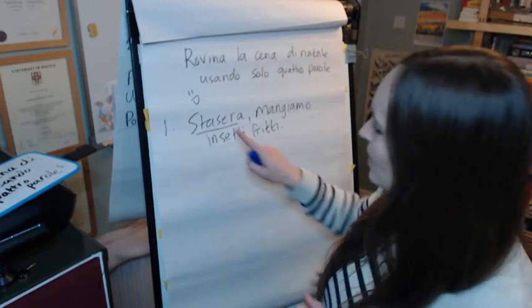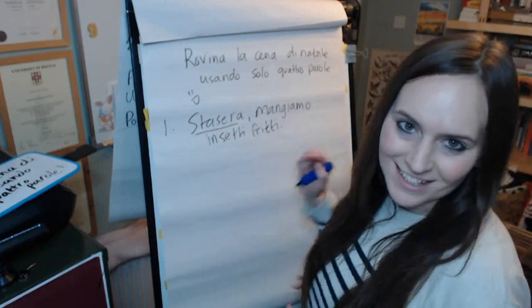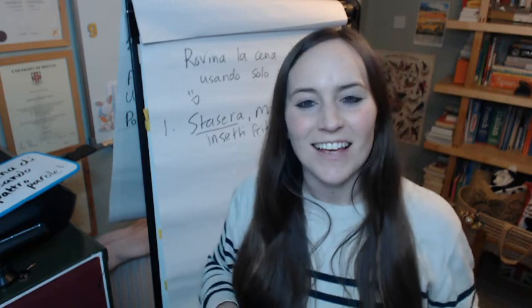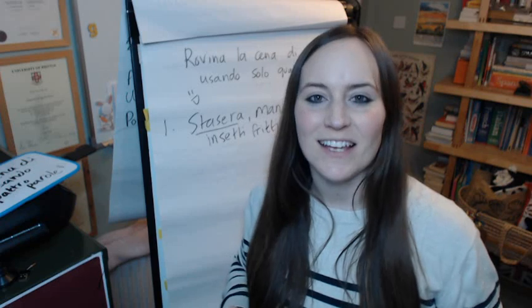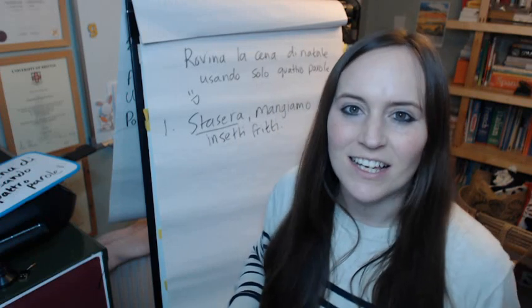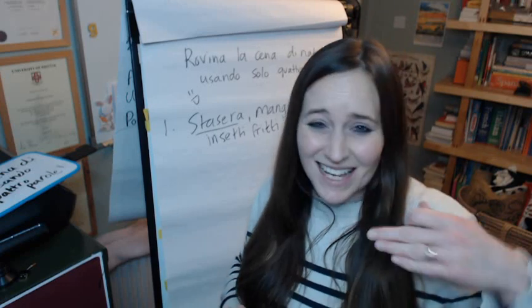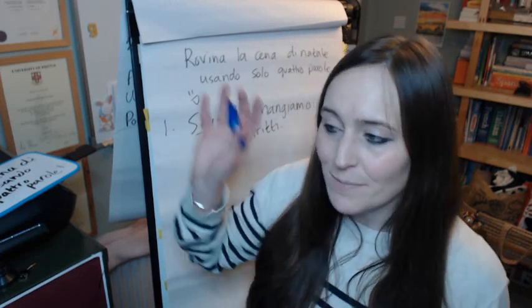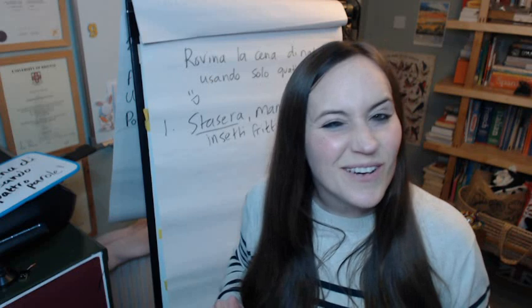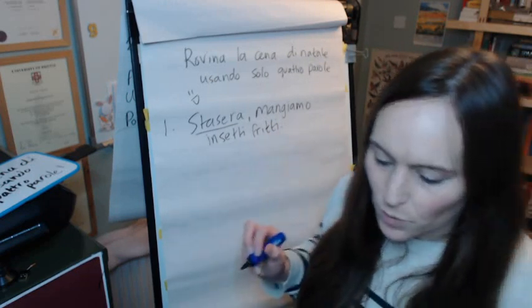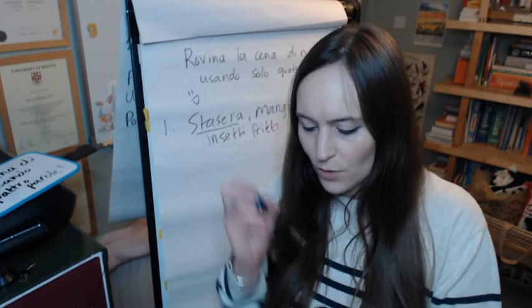Okay, so stasera mangiamo insetti fritti. So this evening we're eating fried insects. Okay, so that's kind of topical. So like insects being used apparently to try and be more environmentally friendly as an alternative to meat. So that's something that's going on in the world at the moment. I thought that was quite funny. Stasera mangiamo insetti fritti. We'll call that number 1.